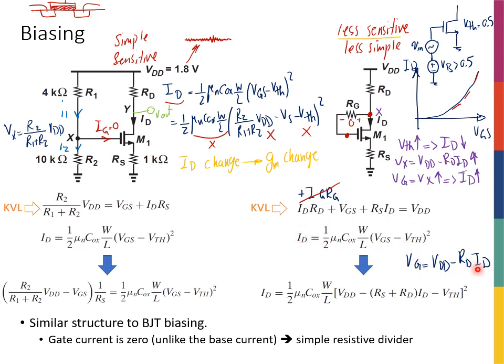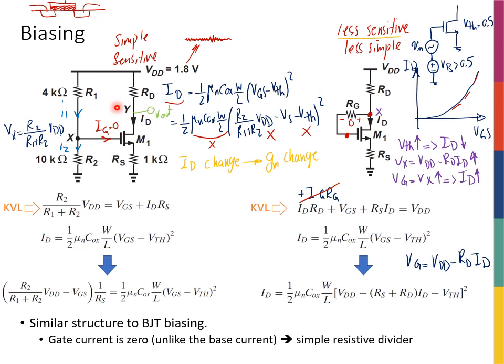And then once I have ID, I have to make sure that this ID and the RD and VDD actually work out with the VG that I chose, right? If not, either I have to change RD or I have to change my initial guess, until things converge and I find the ID and VG that I want, right? But at the end of the day, I think this analysis might have made it clear why we're motivated to sometimes use this circuit for biasing.